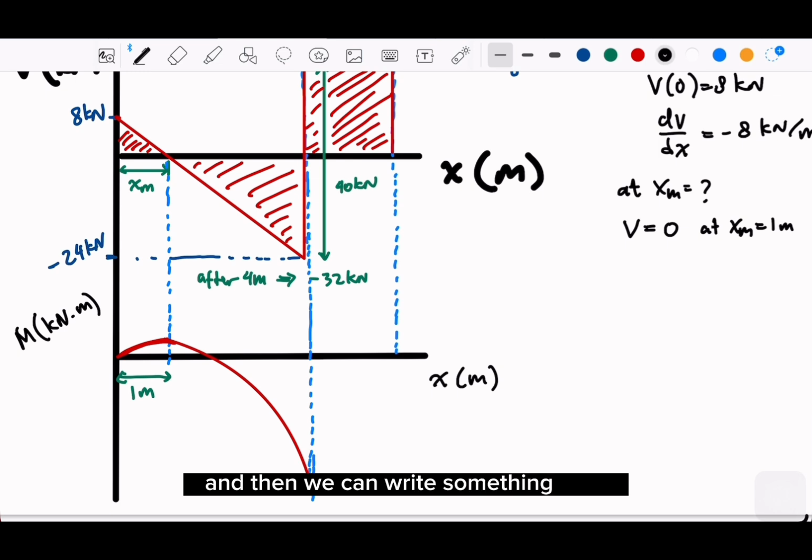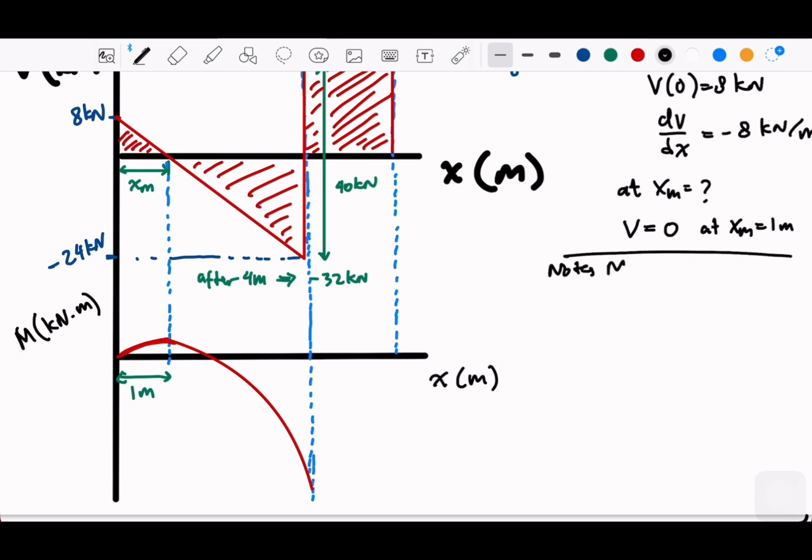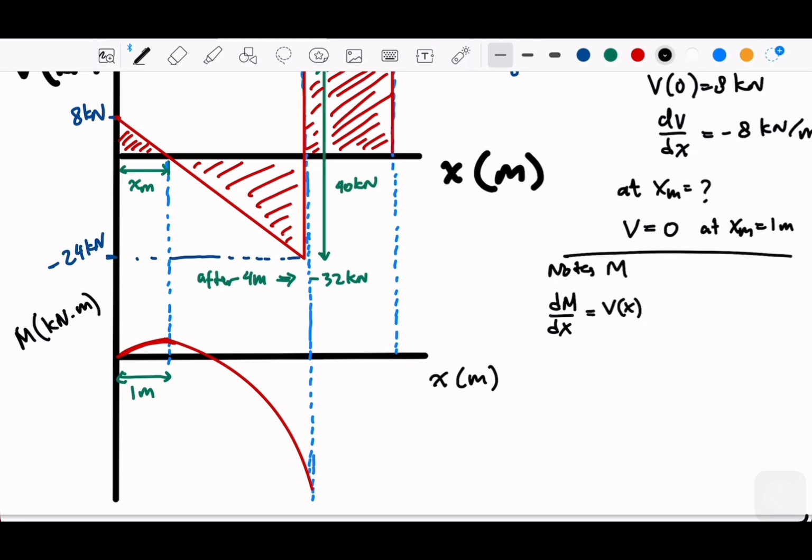And then we can write something here. Let me make some notes here for M. So dM/dx is Vx, right?